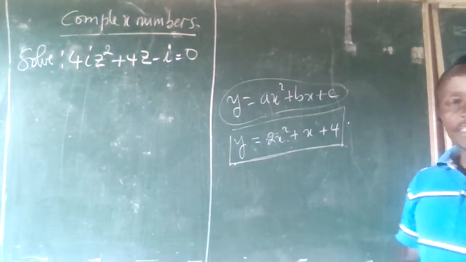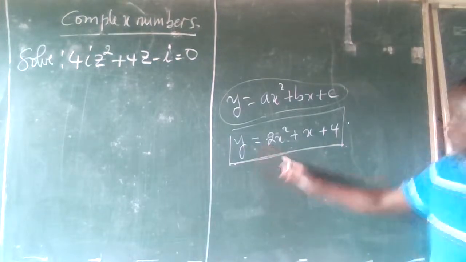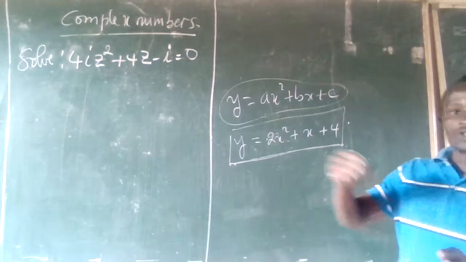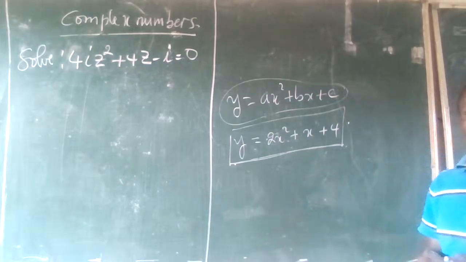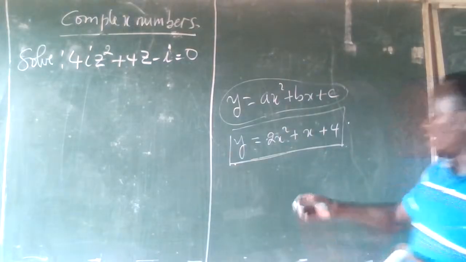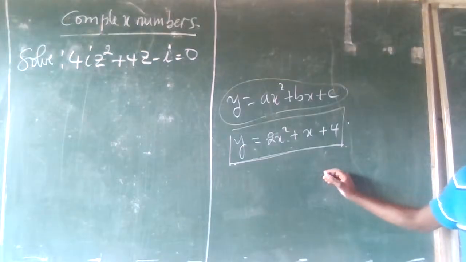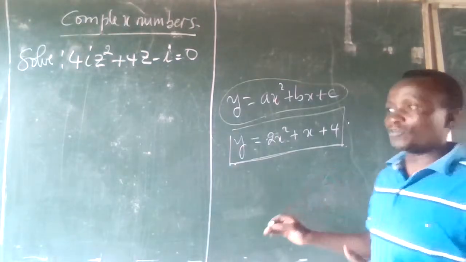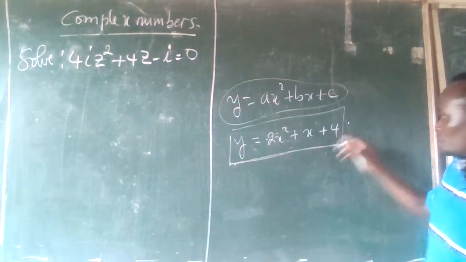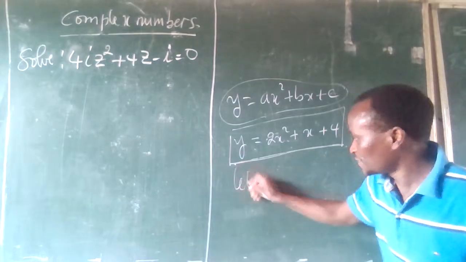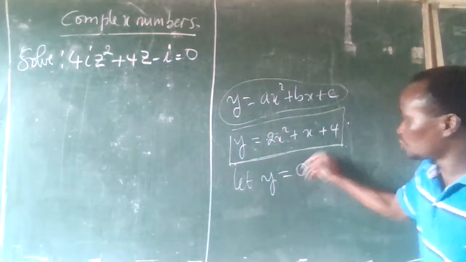It could be one method, factorizing or the graphical method and so forth. But how should you solve this one? Let's say that y is equal to 0.